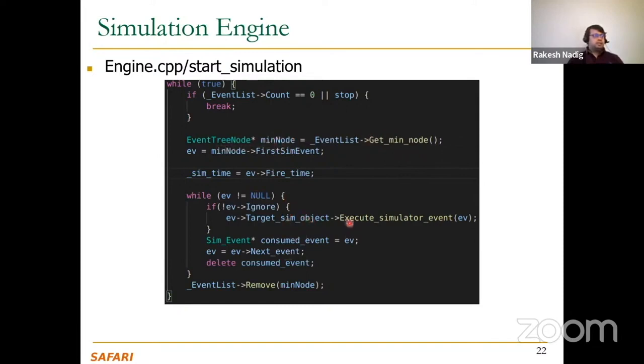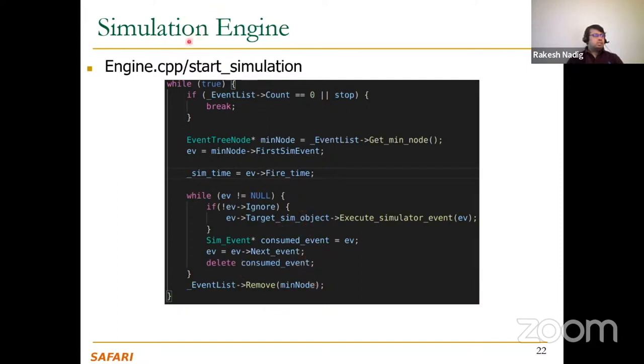To fire the event, it uses the execute simulator event interface with that object, and once it calls that event, it deletes the event from the tree, because it has already been triggered.